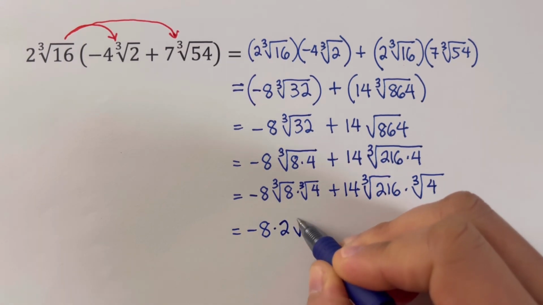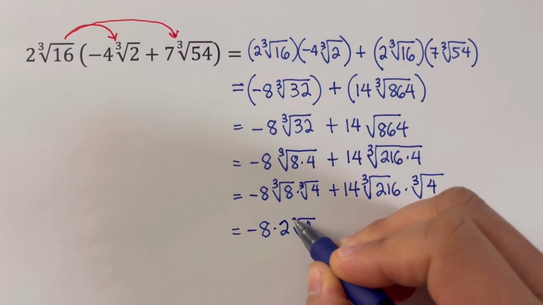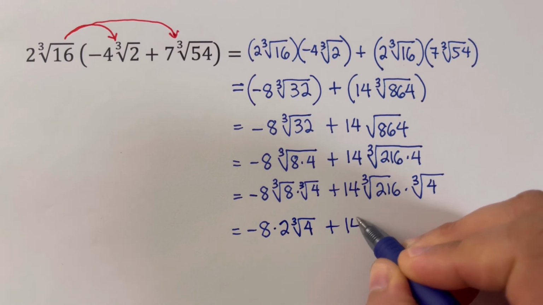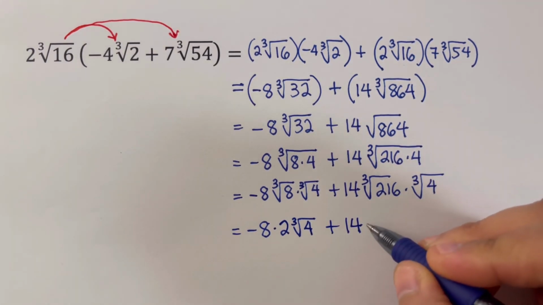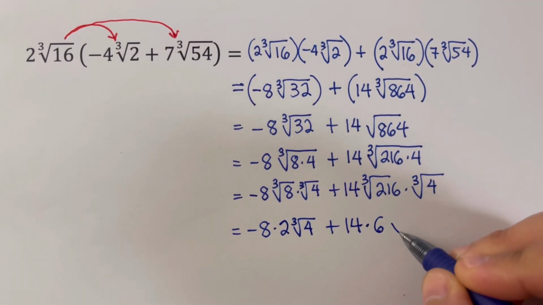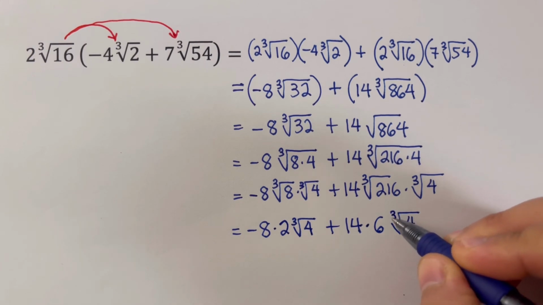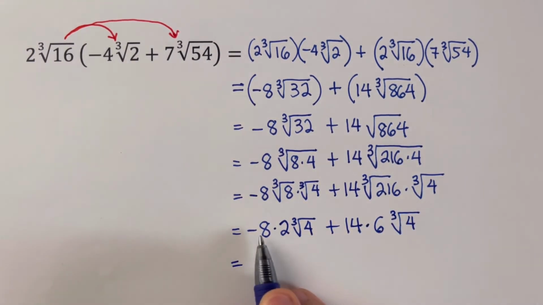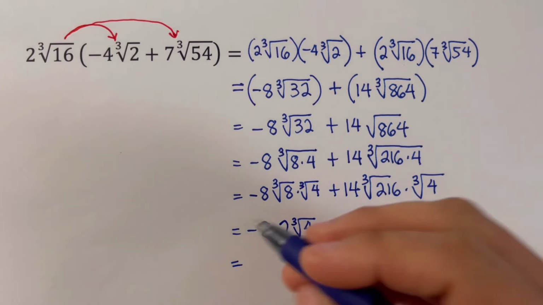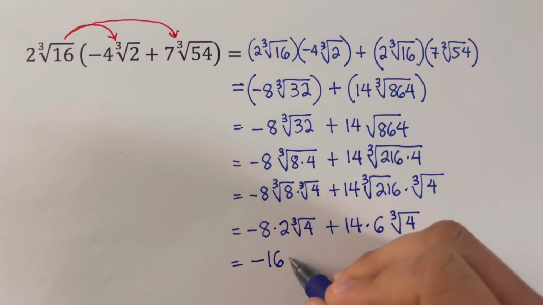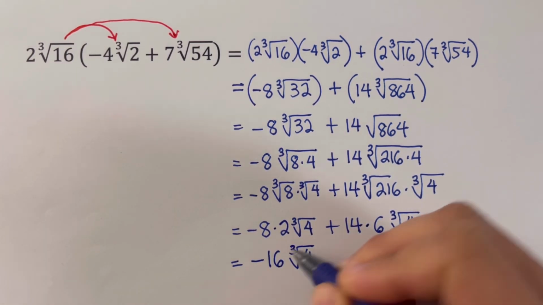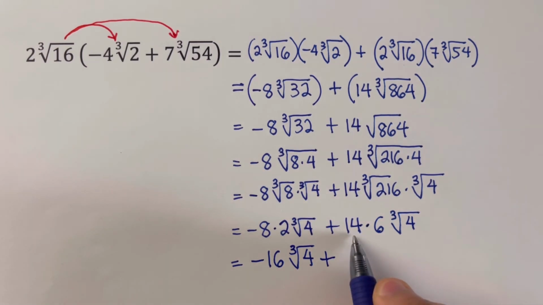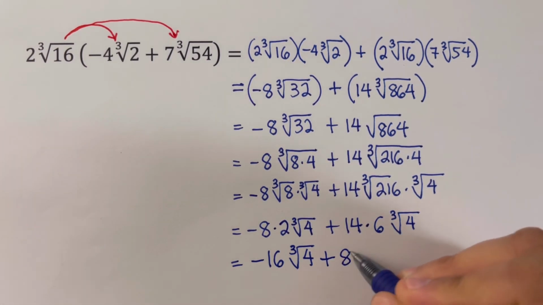And then we have a cube root of 4. And then we have 14. The cube root of 216 is 6. And then we have a cube root of 4. So then we go ahead and simplify this further. Negative 8 times 2 is negative 16 cube root of 4. And then that's a plus 14 times 6 is 84.